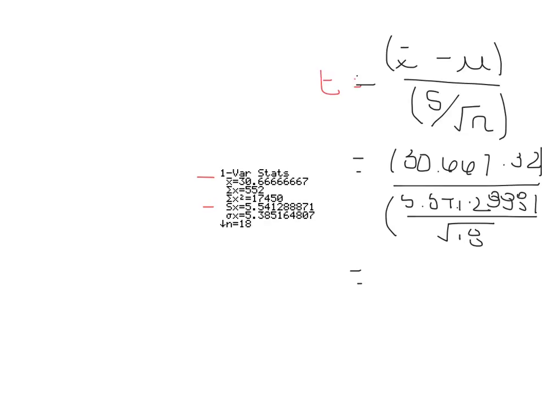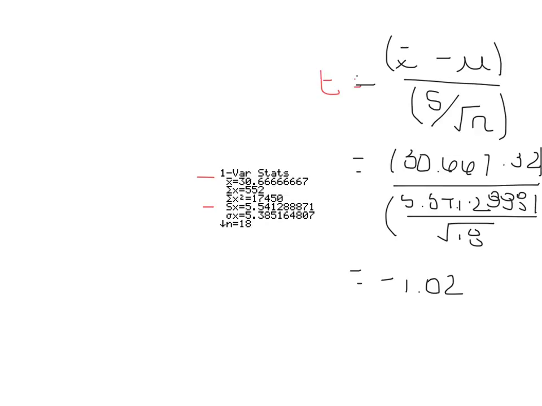And when I do that, I get my test statistic, which is my t-test statistic. That should come out equal to about negative 1.02. So I'm about 1.02 standard deviations below the mean.